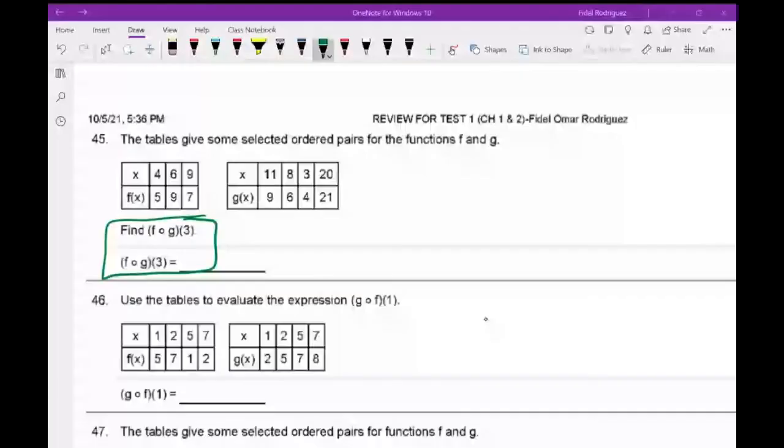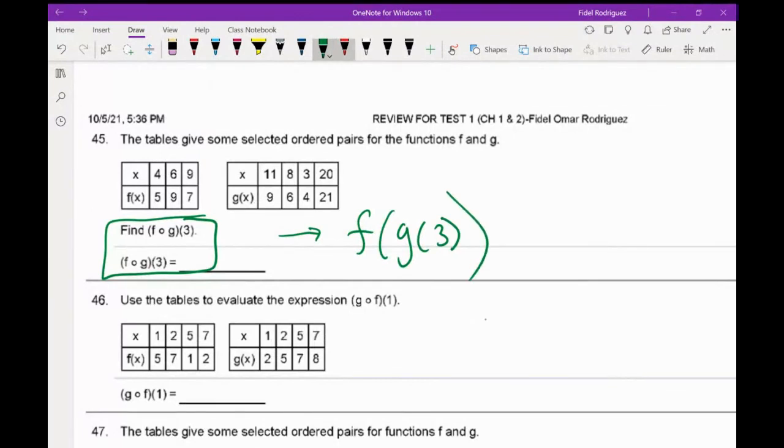So look, I'm going to follow the same kind of thing here. Let me share my screen again with you guys one more time. Okay, so when I'm doing this problem here, the way I'm going to think of this is, look, f of g of 3. So how do I find g of 3? Number one, I got to look at this one because this is the one that has the g. This number here is telling me what the x number is.